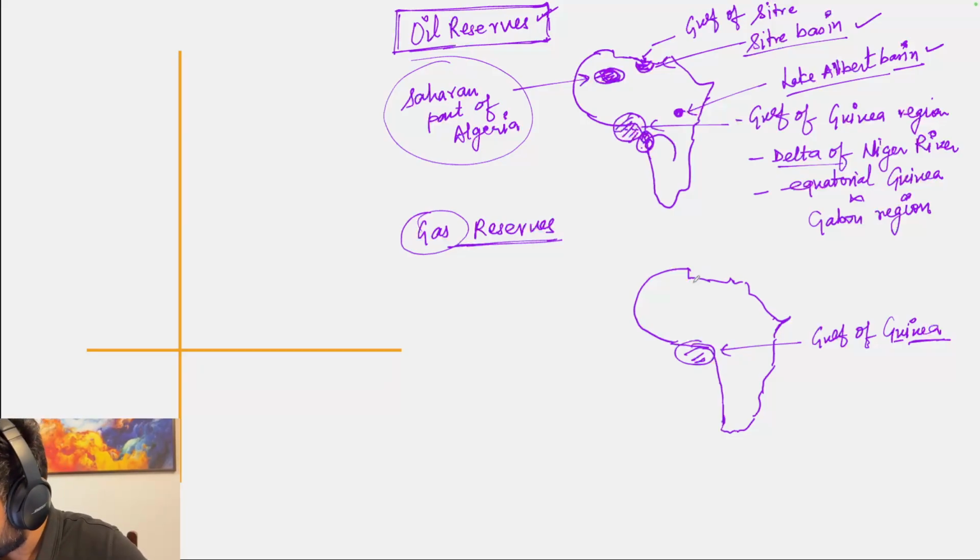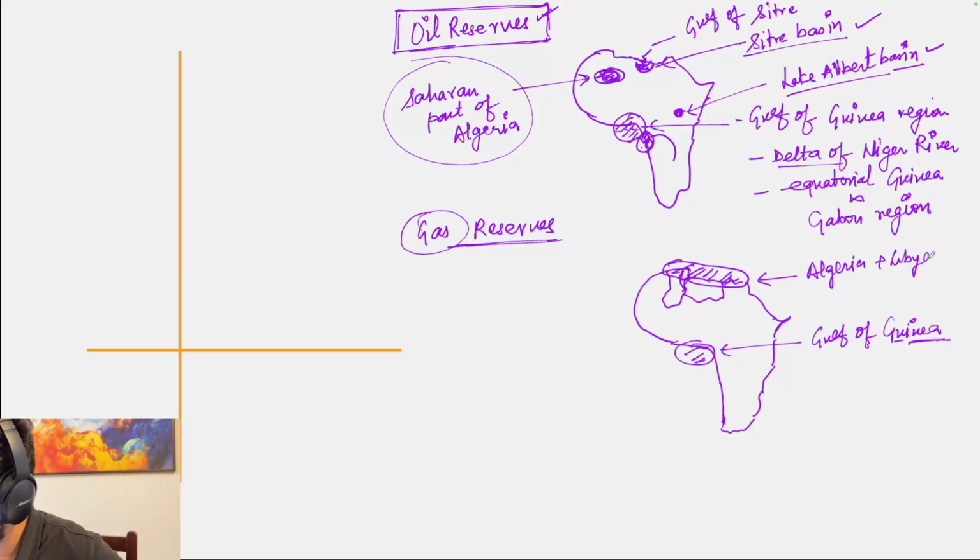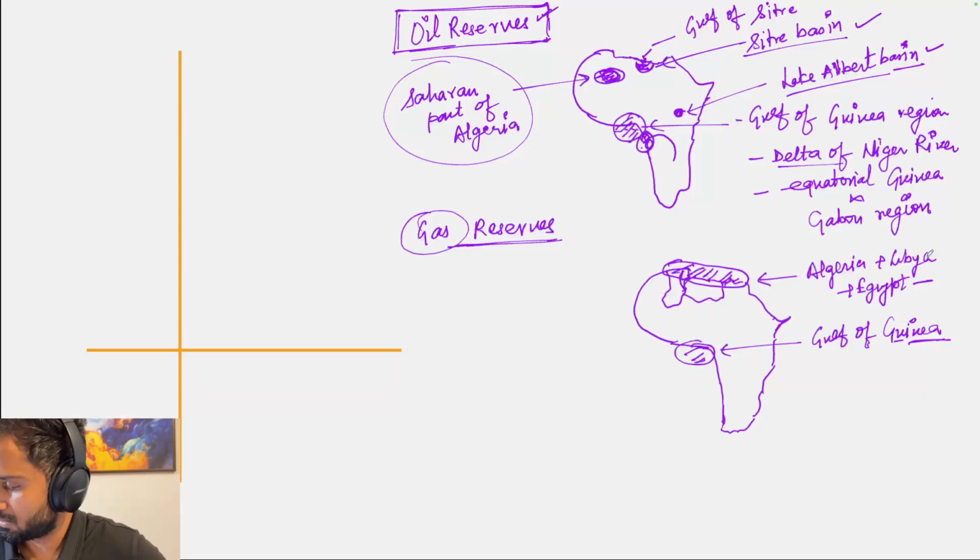In fact, if you know, this country is Algeria, this is Tunisia, and after this we have Libya and then Egypt. So this entire part, which comprises of Algeria, then Libya, then Egypt, this entire region is rich in gas reserves.